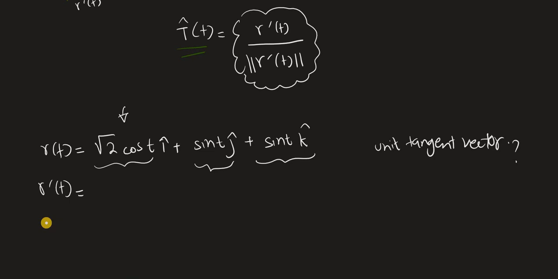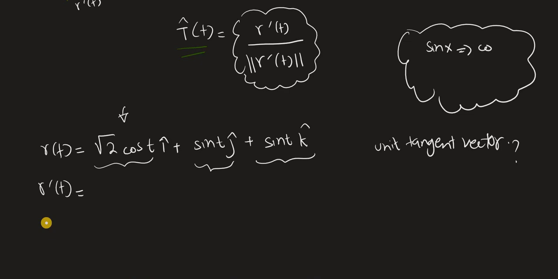For taking the derivative of cos and sine, just remember these two and you should be good. The derivative of sine of x is cosine of x, and the derivative of cos x is negative sine x. If you know this, then you should be good for this problem.